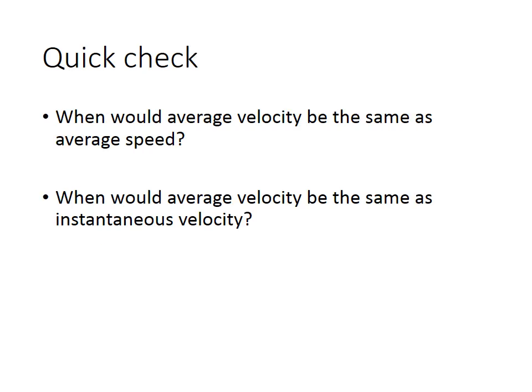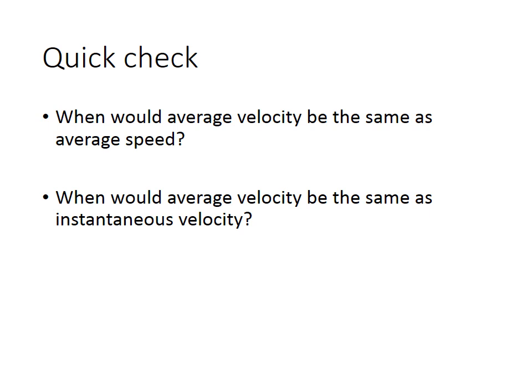So we had a short conversation: when would the average velocity be the same as average speed? If I go in one direction and I stop, my displacement is the same as my distance. Therefore, my delta x is the same as my distance, so average speed will give me the same value as average velocity.